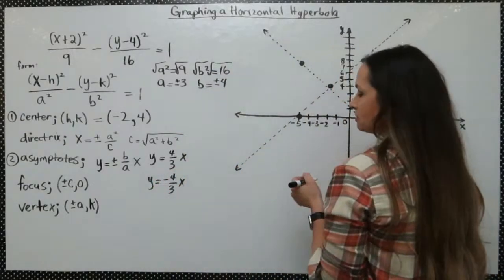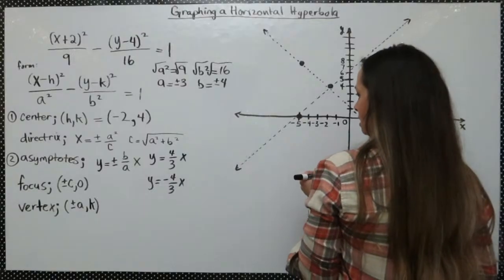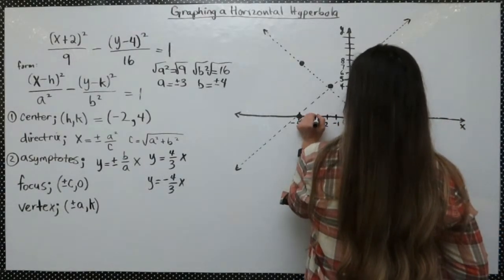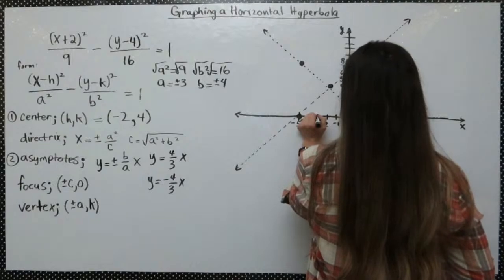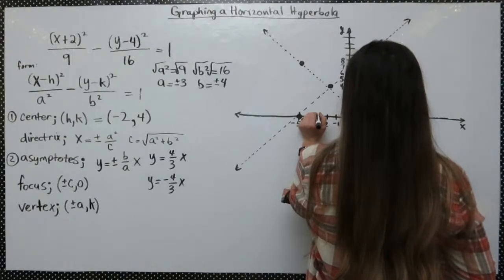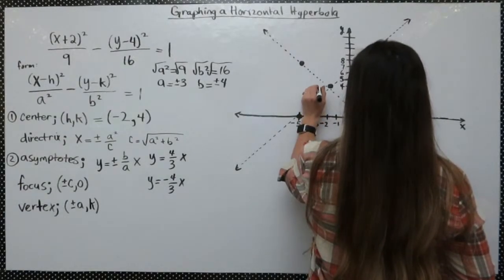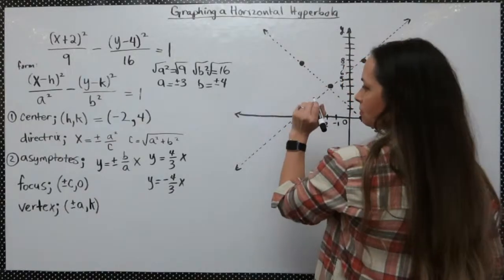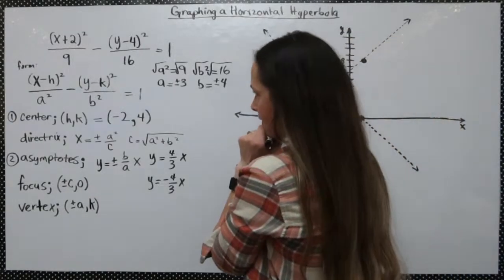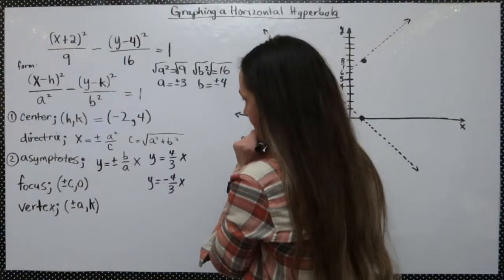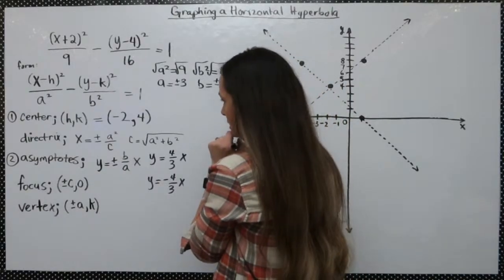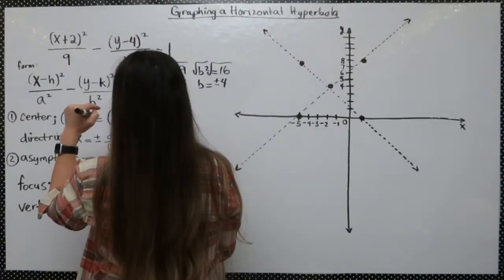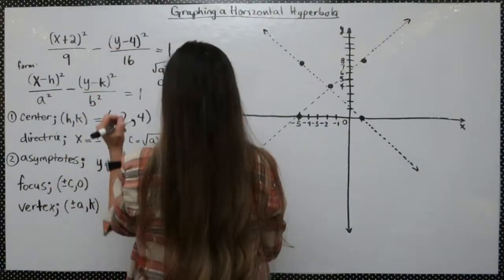Plus or minus, so A is 3. Three. And it's probably going to be right here at 4. My K value, what is K? It's my center of my circle, which is 4.